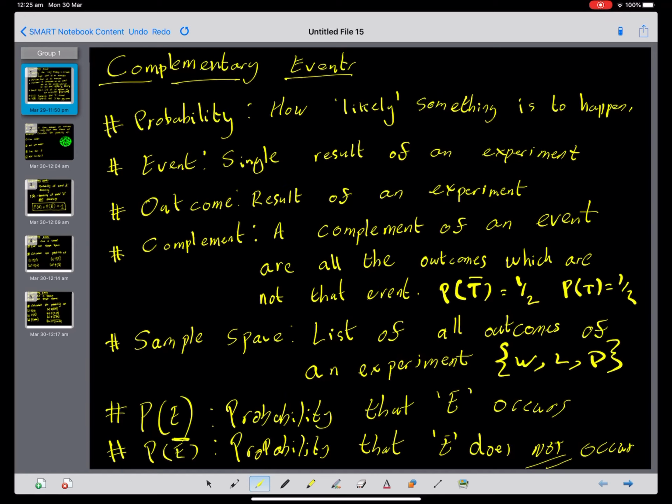Okay, the probability of an event occurring, E, is written like this. And the probability that event does not occur is written with the bar over the top, and that is the complement of that event.